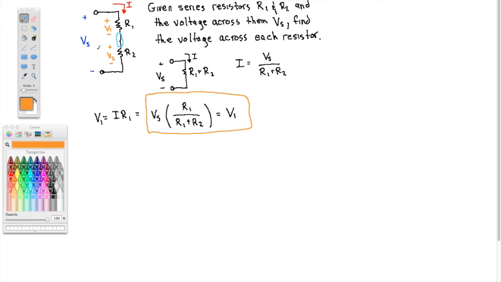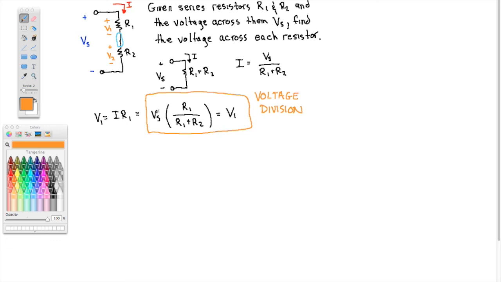Given the voltage source, Vs, and if I want the voltage across a resistor, then I use this equation, and this is called voltage division. Voltage division. And normally I'm against students memorizing equations, but you should memorize this equation because it allows you to quickly get the voltage across the resistor in a series combination.